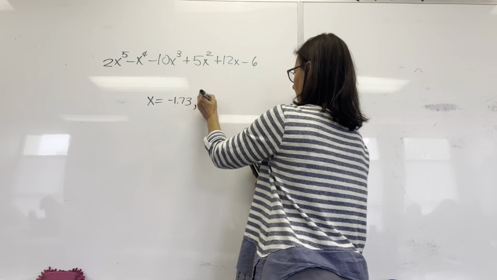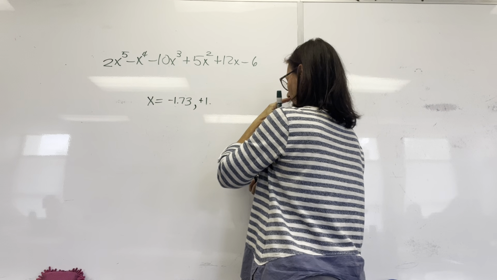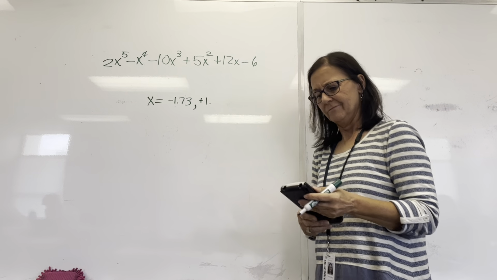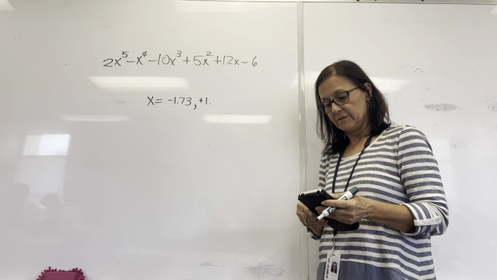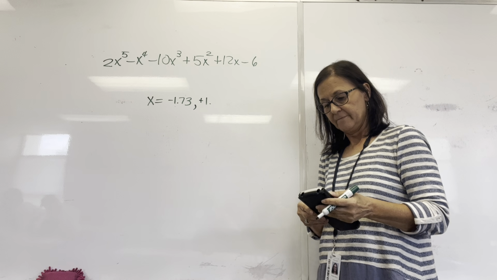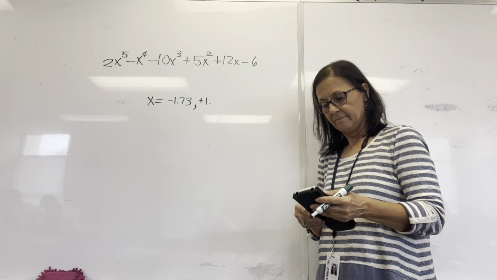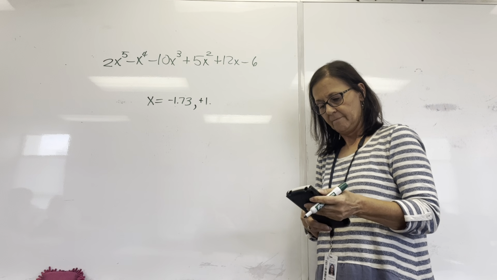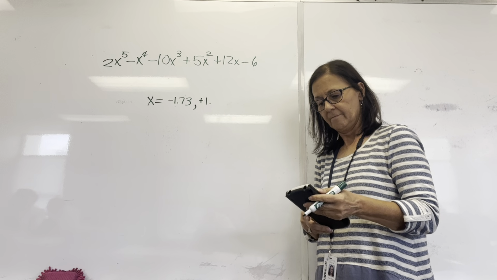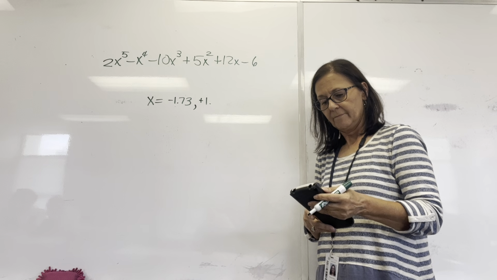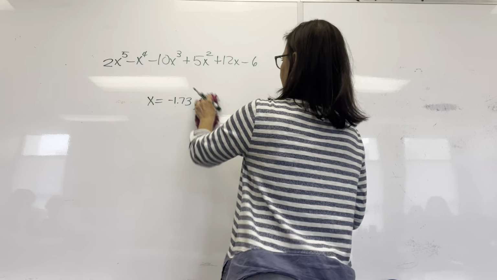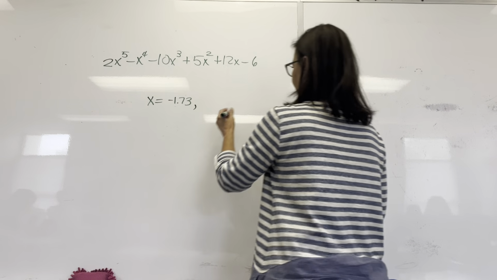Mine was like the fifth one though. Positive 1.414. Okay, I would have said that was bigger. Alright, 1.41. Negative 8.3. Okay, I got positive 1.73 for the very last one.